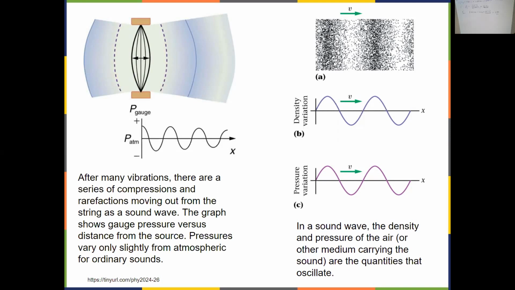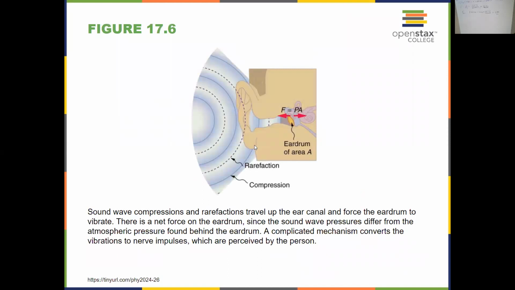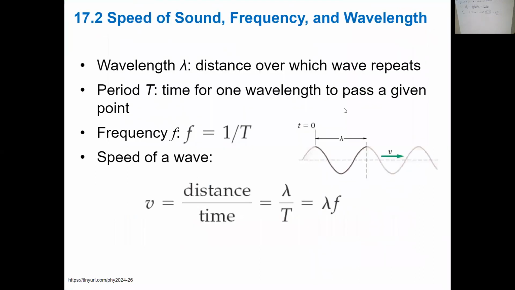And if you look at the air pressure while the sound is propagating through the air, you'll see that as a sine function as well: higher density and higher pressure, then lower density and lower pressure, etc. When the sound wave hits your eardrum, there's pressure on the eardrum that triggers your nerve, and the rest you guys know better than me, how the brain reacts to the signals from the nerves.